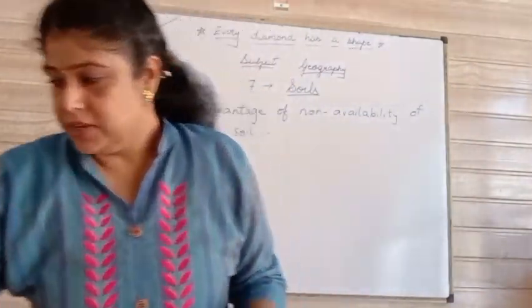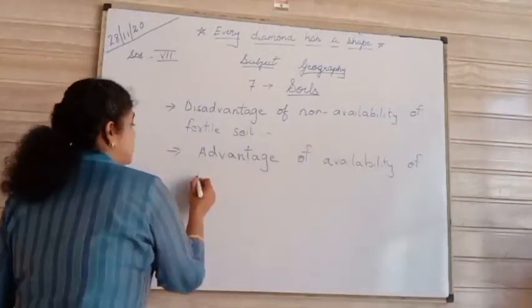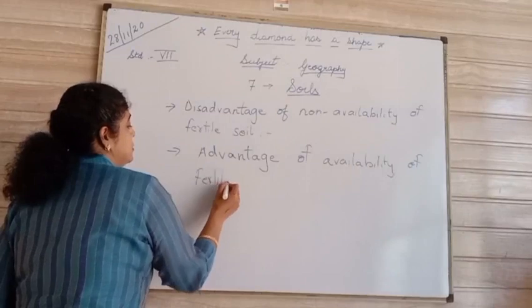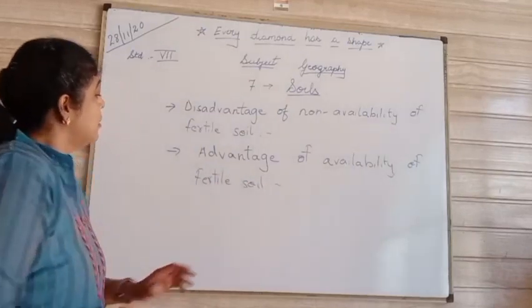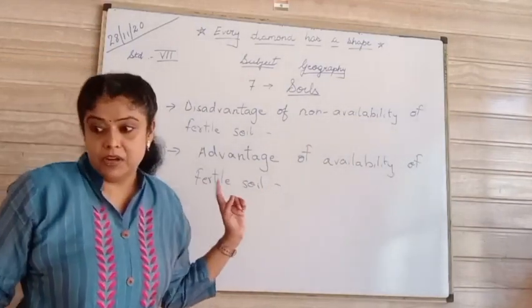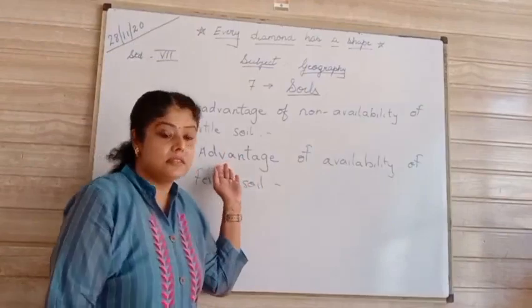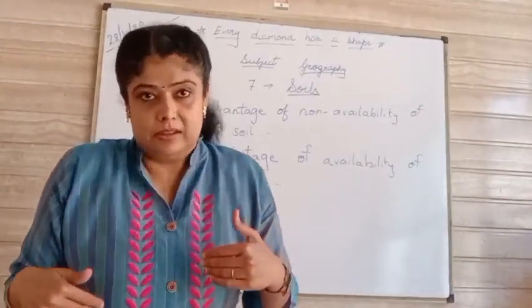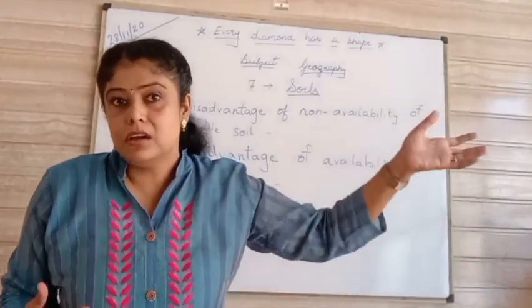Then the next part is the advantage of fertile soil. If a particular region has fertile soil, the advantage is that they become self-reliant in the production of food. There is no need for them to rely on another country to feed their population.